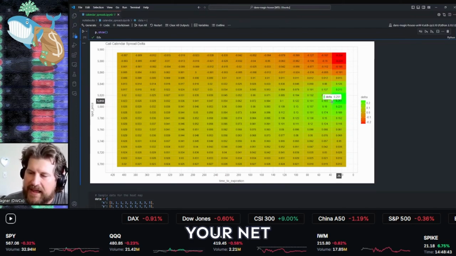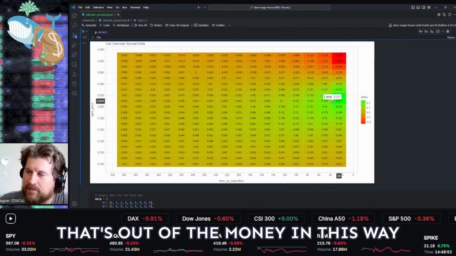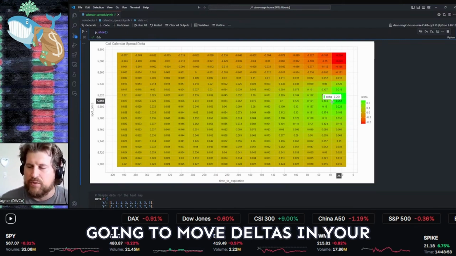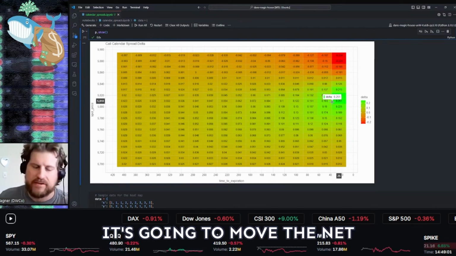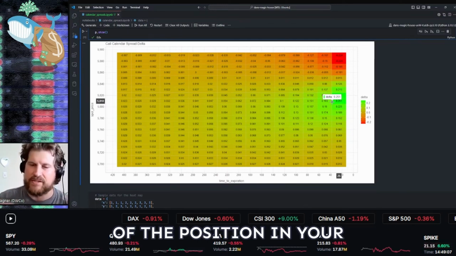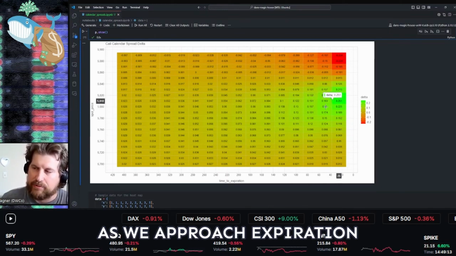So your net gamma on a put or a call calendar that's out of the money in this way is going to be positive, and it's going to move the net, the combined long and short deltas of the position, in your favor faster and faster as we approach expiration.